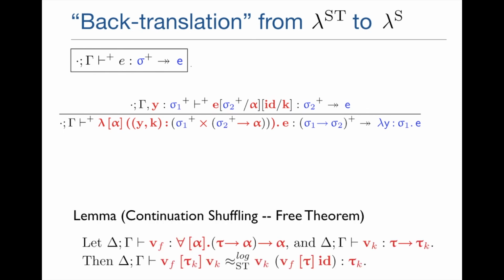They have this continuation shuffling theorem, which basically says you can substitute a term and the identity function into a polymorphic continuation passing function, and you can get that sigma 1 goes to sigma 2, even though it's really hiding under the hood this continuation thing where the continuation is the identity and we pass in the return type for the continuation, which in this case we want to be the return type of the function.